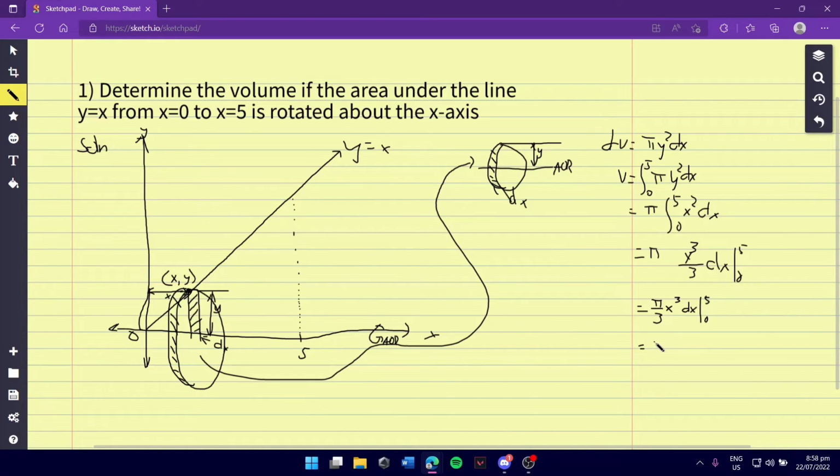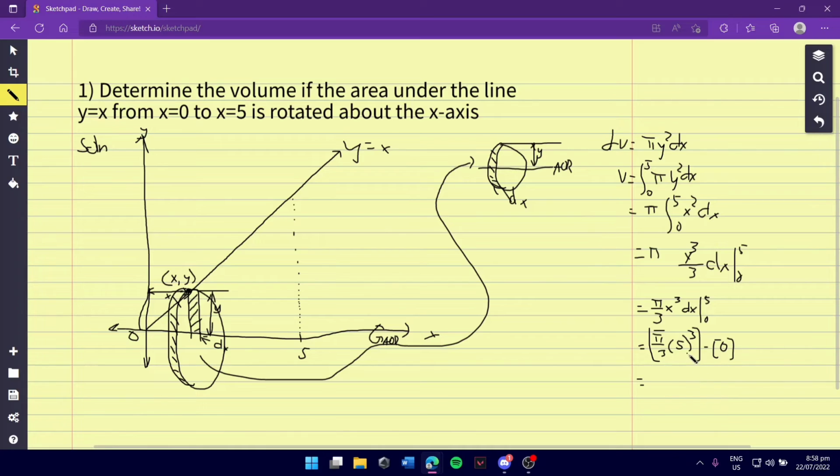Next, we will distribute the value of x. So this will become pi over 3. 5 here is the limit, so we put 5 here, and then cube, and then minus 0, right? Like that.